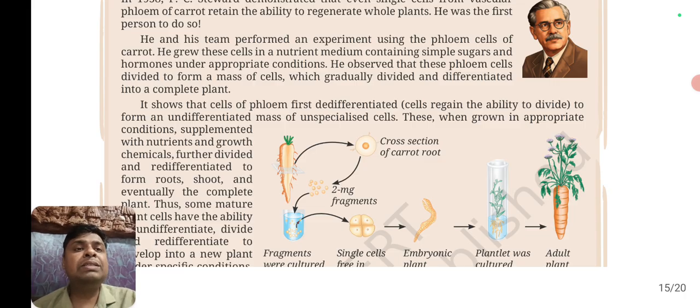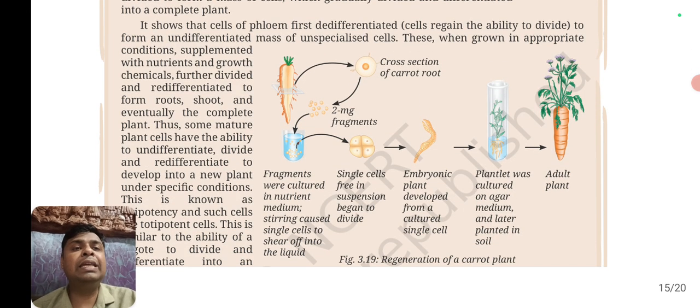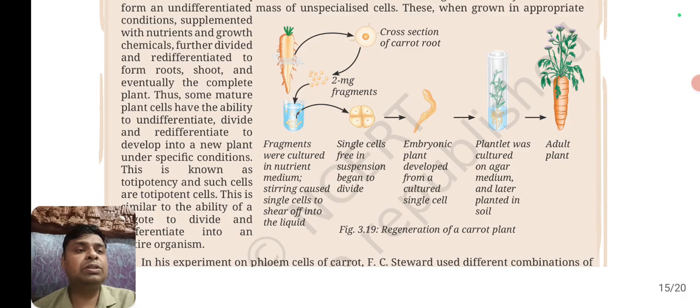So he and his team performed experiments using phloem cells, grown in a medium of simple sugars, hormones and chemicals. You have to add some chemicals and hormones to the test tube, and then it grows. And you can have leaves, flowers, stem, and you can grow it in the soil also later on in certain conditions. You can read this.